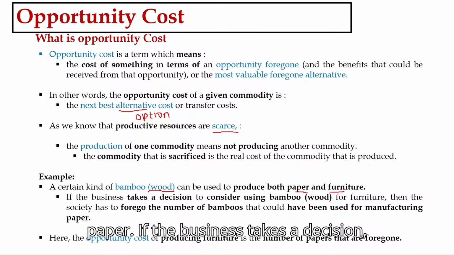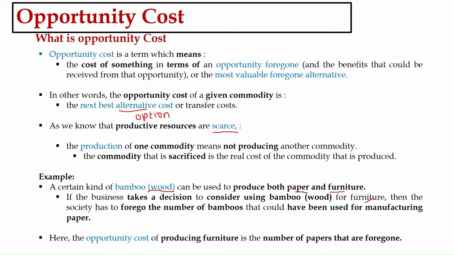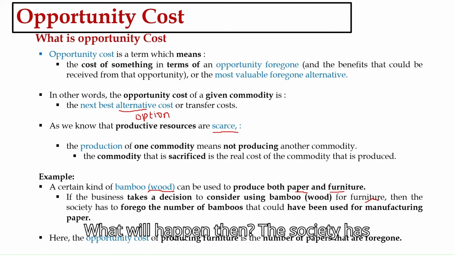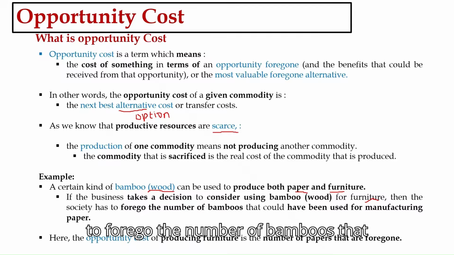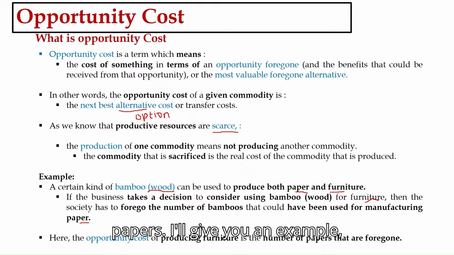If the businessman takes a decision to use this wood for making furniture, what will happen? Then the society has to forego the bamboo that could have been used for manufacturing paper. I'll give you an example, don't worry.